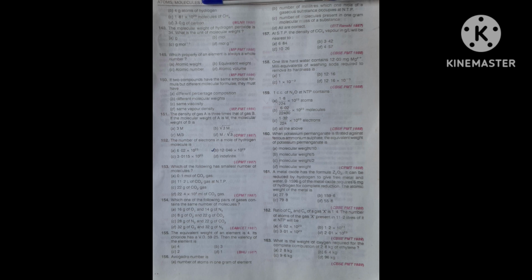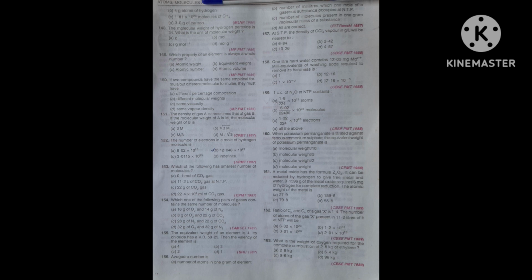Oxygen has 8 electrons, atomic number is 8, and each nitrogen has 7. Then 7 plus 7 is 14, and 14 plus 8 is 22. Hence, the total electrons will be 6.02 into 10 to the power 23 divided by 22,400 into 22 electrons.